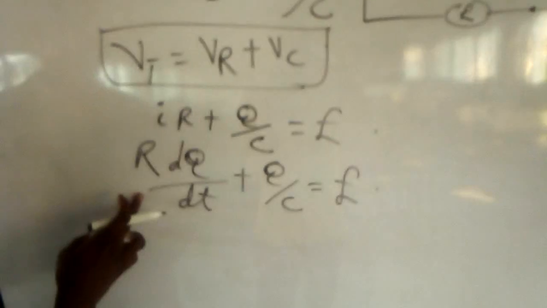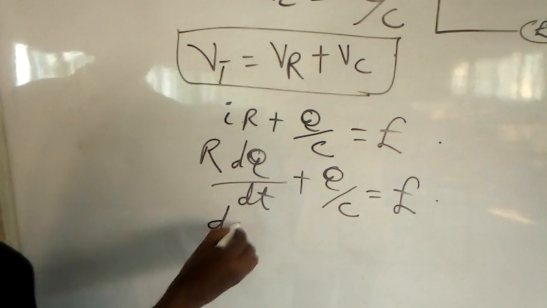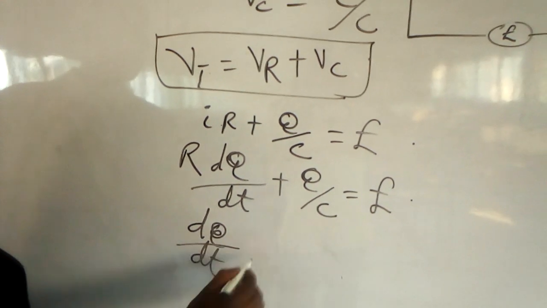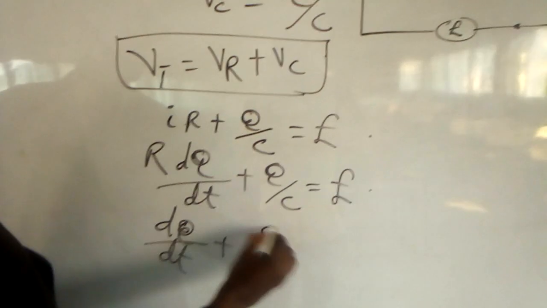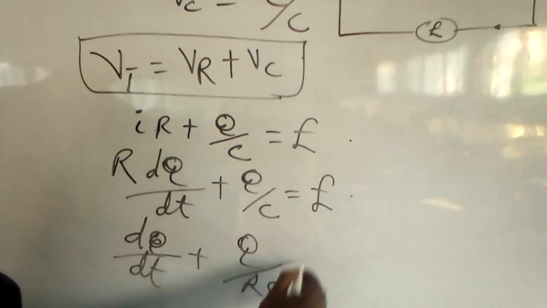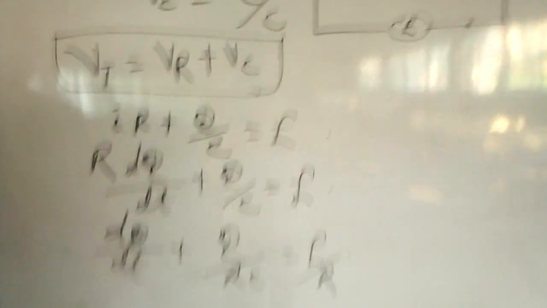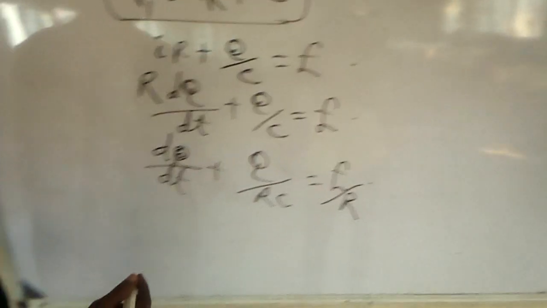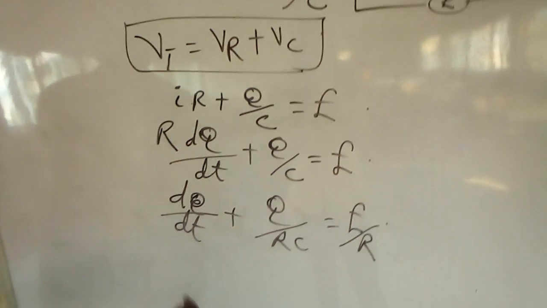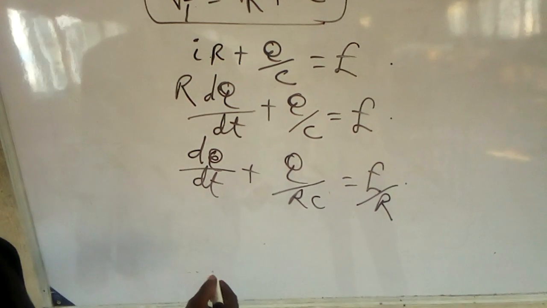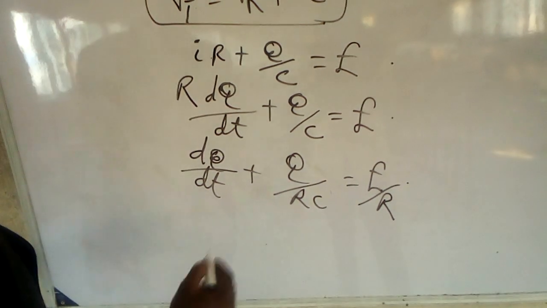Dividing through by R, we have dq/dt plus Q over RC is equal to electromotive force over R. We can use the Laplace transform. We can also use the linear first order differential equation solvable by the integrating factor technique.